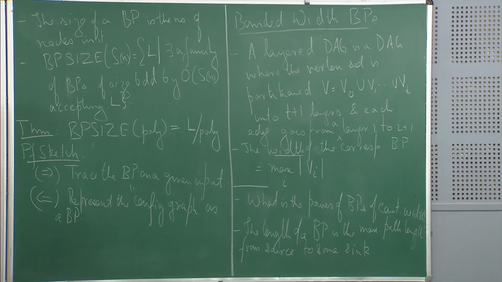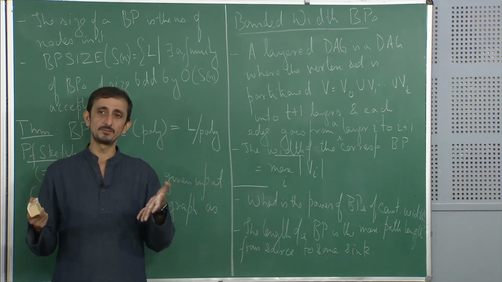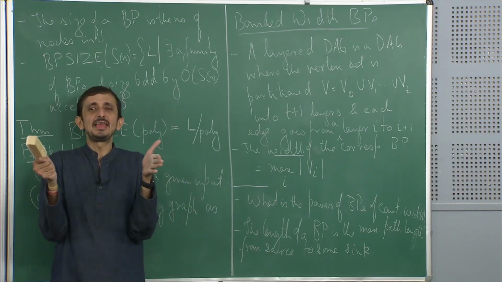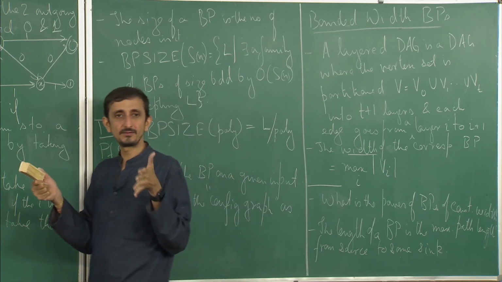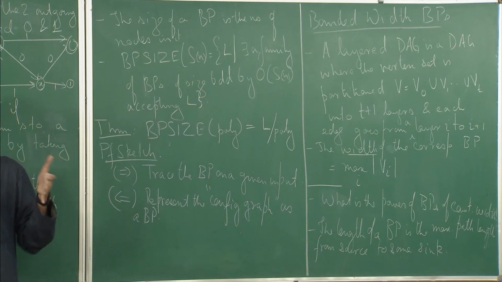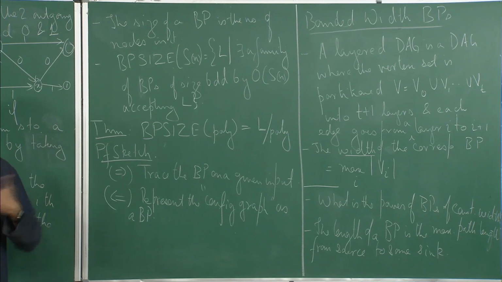Now the question is, what is the power of constant width branching programs? If you think about it, essentially at every layer it can only encode a constant amount of information. So it was not expected to be too powerful.